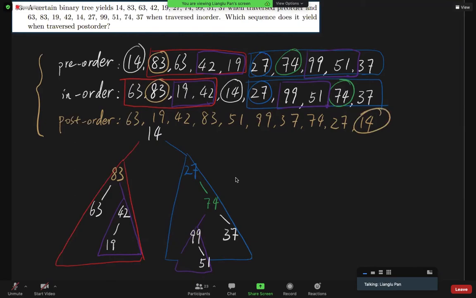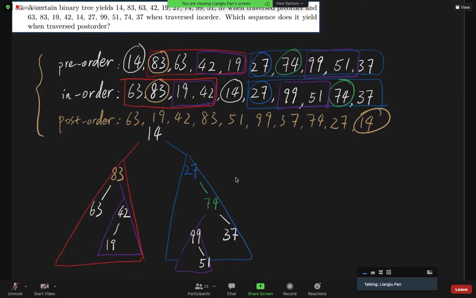And again, this will split the in-order traversal sequence into 2 halves, telling us which nodes are in the left subtree and which nodes are in the right subtree. So the similar idea can be applied here. We find the root node, and then we know which nodes are in the left subtree, which nodes in the right subtree, and then we can recursively solve these 2 subtrees.